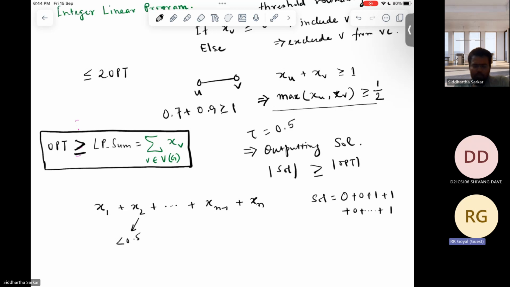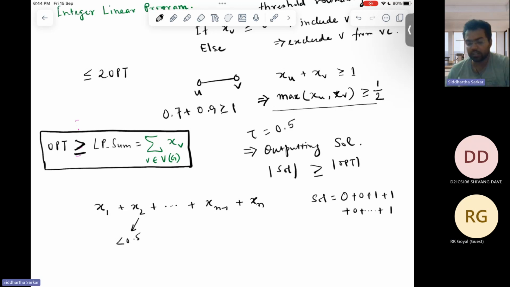We cannot find something smaller than the optimal value. Otherwise, how can we say that this is the optimal value? So if OPT is the ideal solution of the ILP problem, then this LP sum is the approximate case, probably. Is this true?